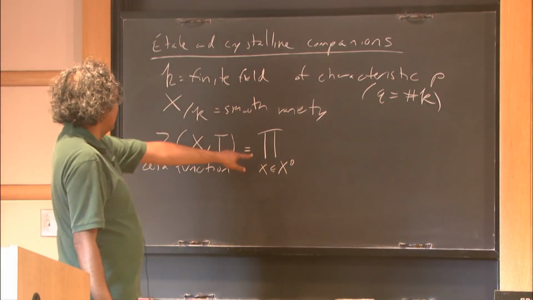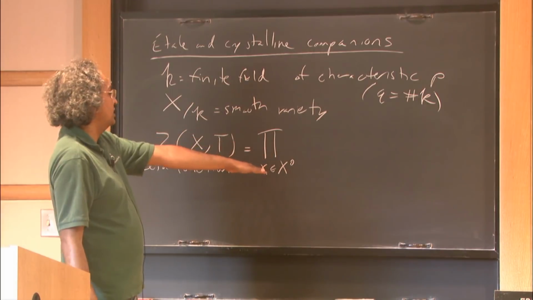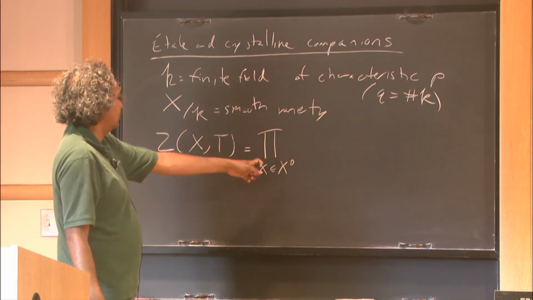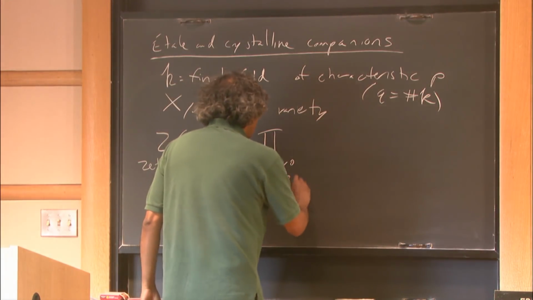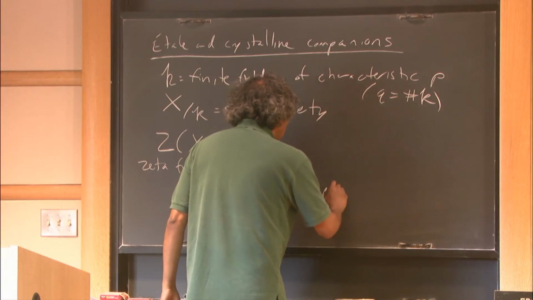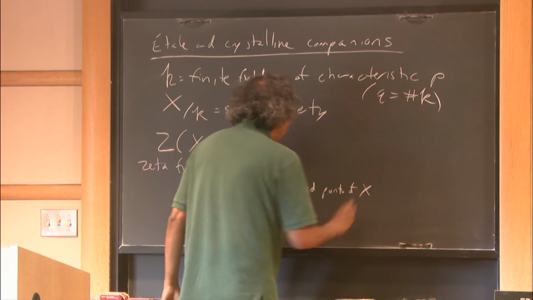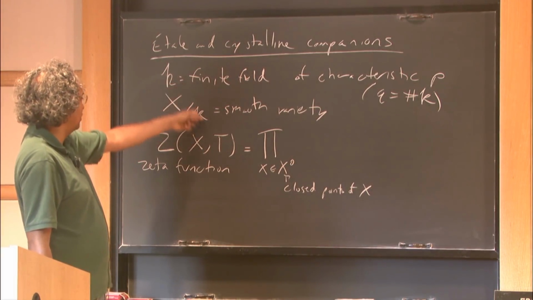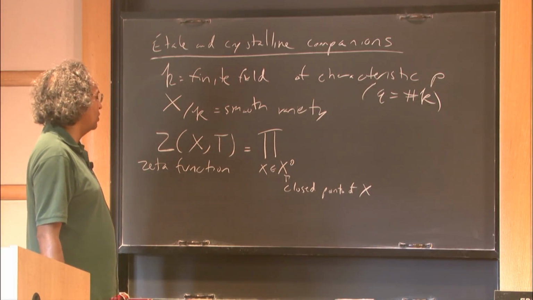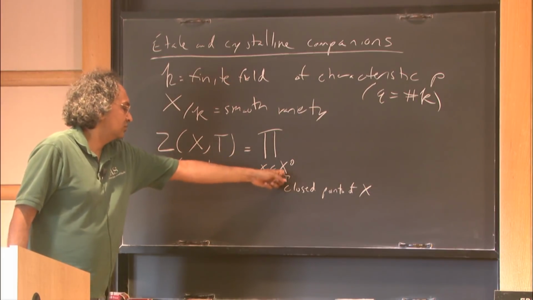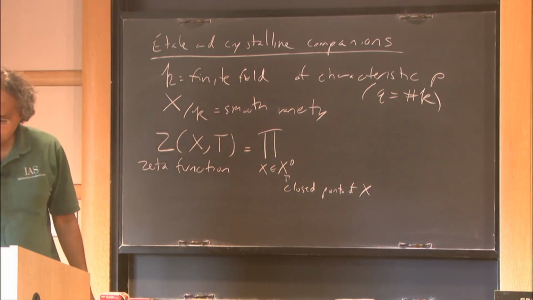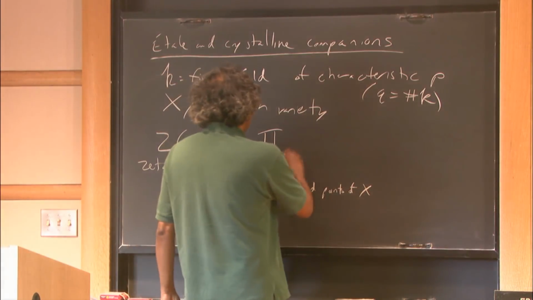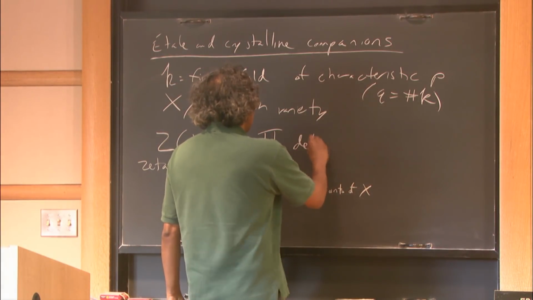But this time, instead of, say, prime numbers or prime ideals, the corresponding thing to index over are closed points of the scheme X, or equivalently, if you look at points over an algebraic closure of K and you take orbits under the Galois group, those are in bijection with the closed points, so you can translate into that language, but this is the more typical one.